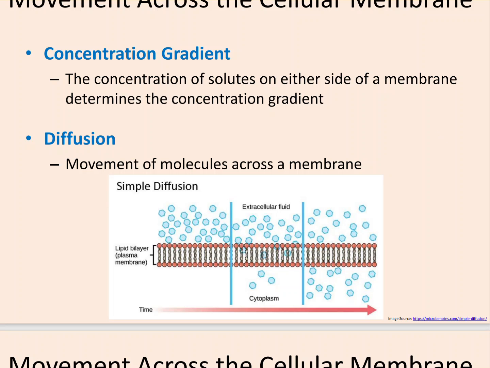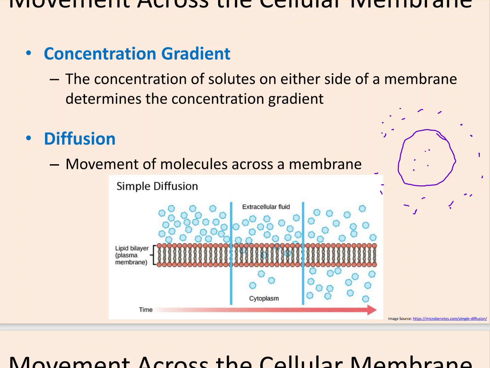So let's assume for a moment that there is a cell, say a red blood cell, that is hanging out in the blood, and there is a lot of sugar outside the cell, but very little sugar inside the cell. This is a concentration gradient of sugar. One side has more, the other side has less sugar.